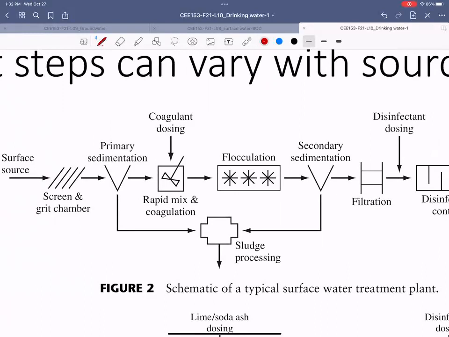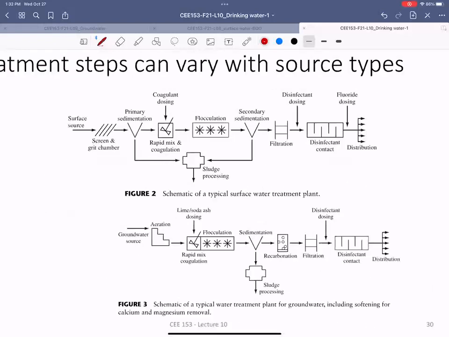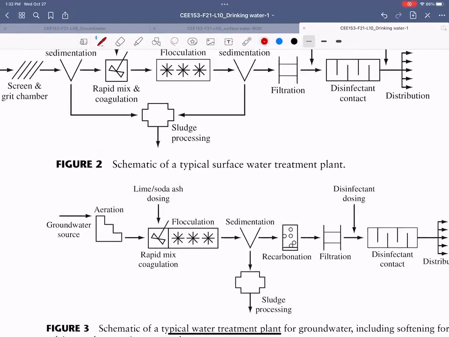What you have to worry about is dissolved salt. It's very salty, so you have to remove salt. Or you have a lot of hardness because of these excess ions. So as you see over here, for groundwater, you don't have any of the screen or grit chambers, all that, because you don't have any particulates.